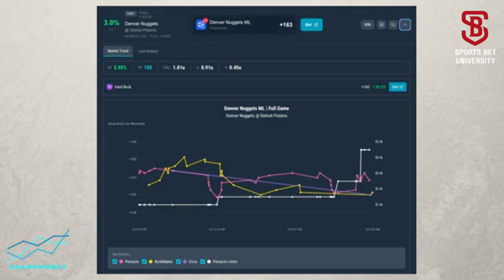What you really want to see when it comes to line movement is like 10-cent swings, is typically what I look for. You see typical fluctuations of 5-6 cents up and down throughout the day of books just adjusting their odds back and forth, trying to level out some action maybe. But the market isn't really moving heavily in one direction until I see like above 10%. So that's something to think about as well.